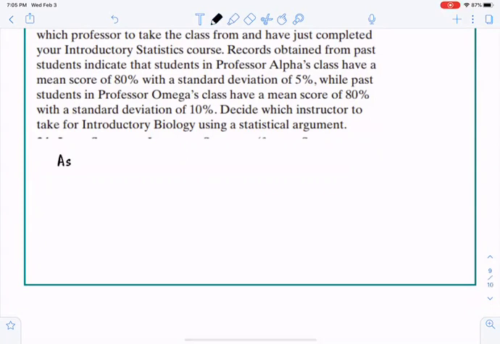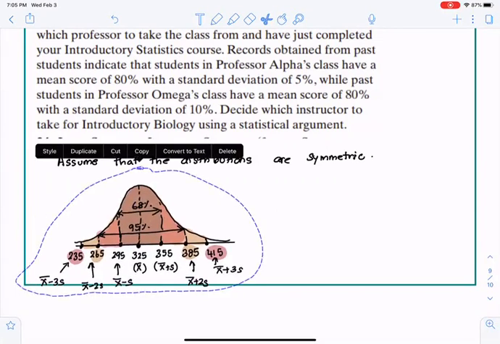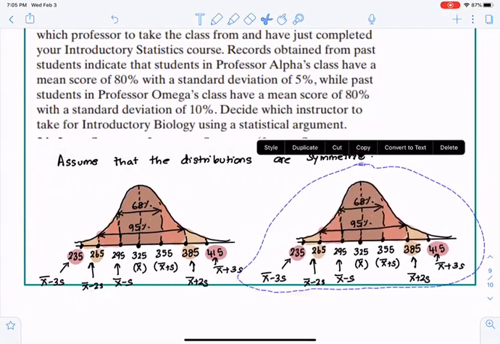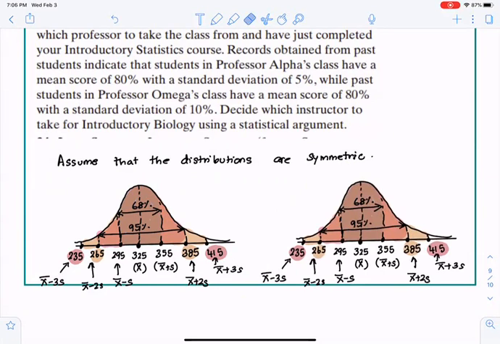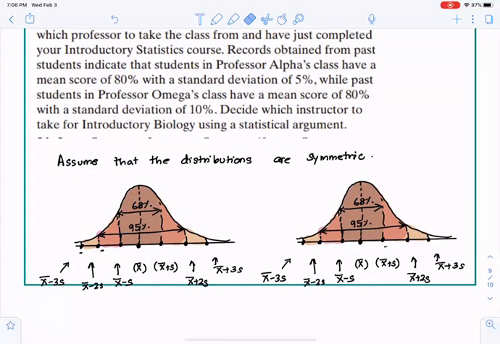It doesn't state that in the problem, but we assume it.